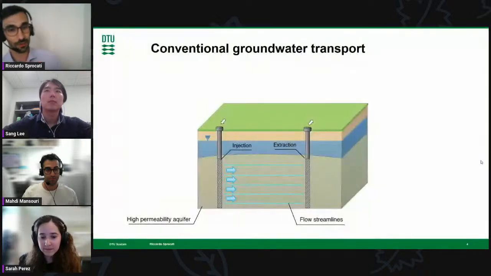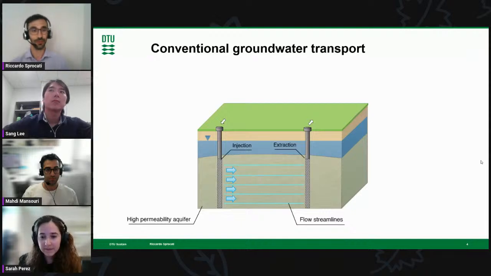So let's take a look at this very simple example of a homogeneous porous media. We are in an aquifer, and we know that if everything is homogeneous, the flow will be homogeneous, the streamlines will be simple, and the overall solute transport is very predictable.